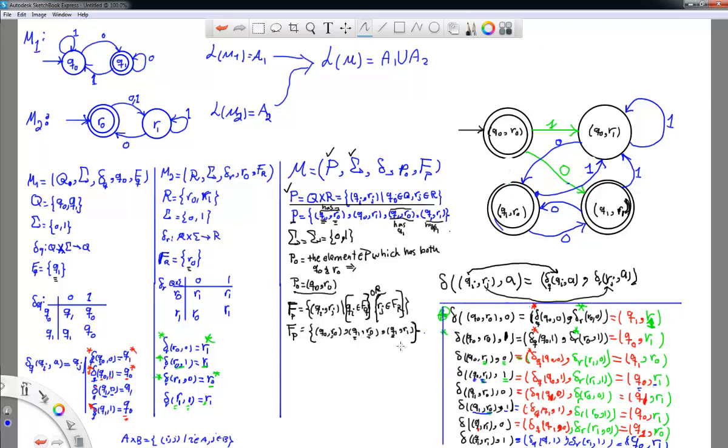So this is my final machine as described by the equations and as described by the transition diagram. I start with Q sub 0 R sub 0. For 0, I go to Q sub 1 R1. For 1, I go to Q sub 0 R1.